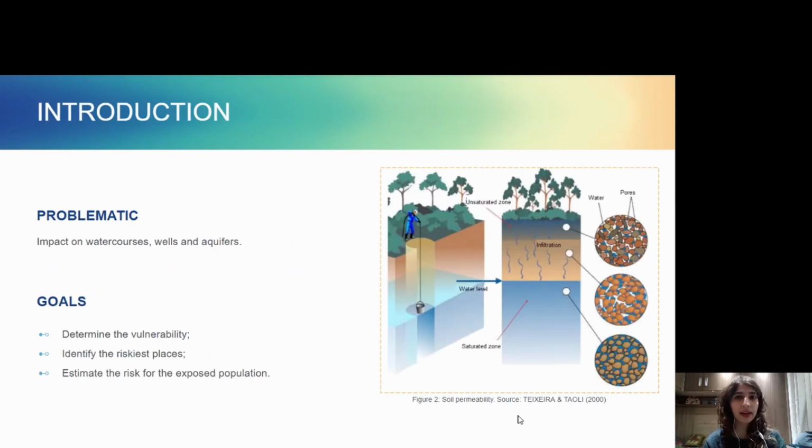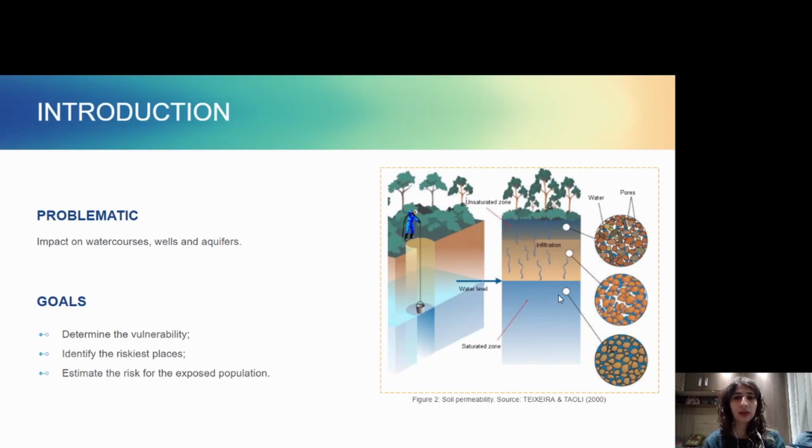The problem is that contaminated areas impact water courses, wells, and aquifers. So suppose that this area here is a contaminated area. The substances do not stay only in the soil, but also infiltrate, like this figure shows us, and then reach the water level.